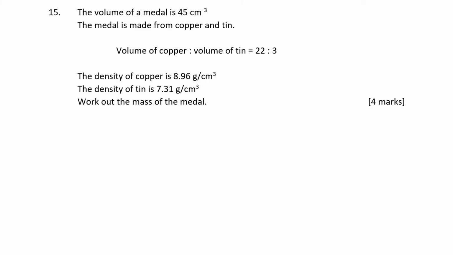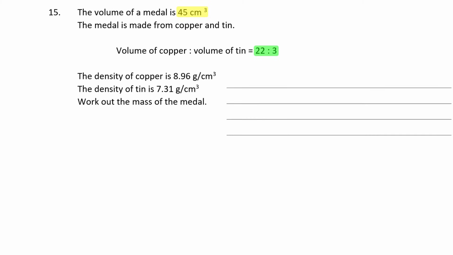Okay, so let's start at the top. We've been given the volume of the medal. It's 45, and we know it's divided up in the ratio of 22 to 3. So let's divide up that volume into the two ratios then. So my 45, I'm going to split into a ratio of 22 to 3. So basically I'm dividing a number by a ratio, aren't I?